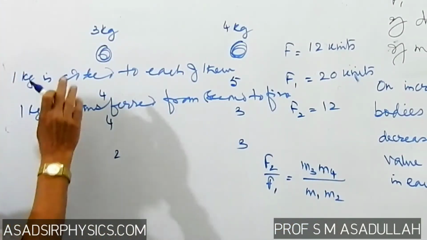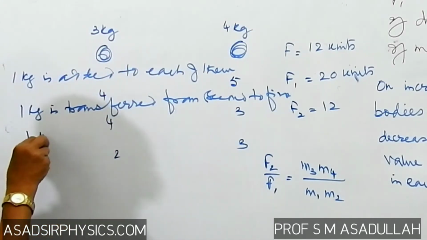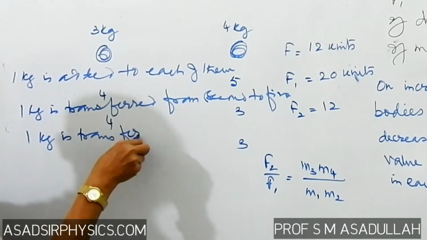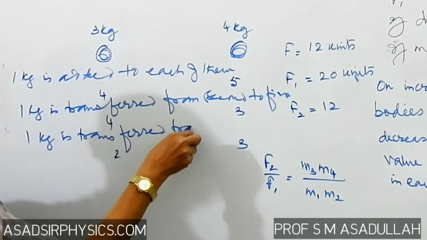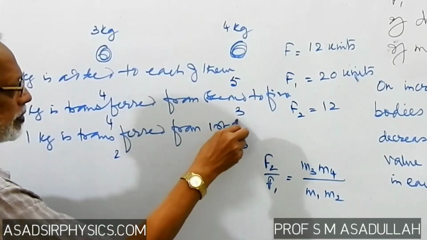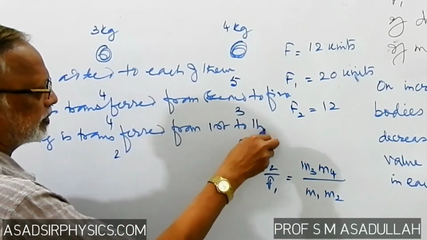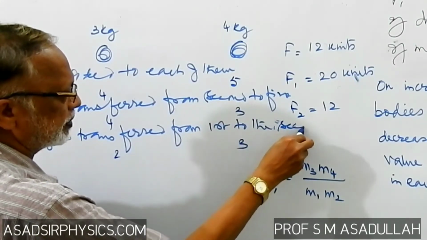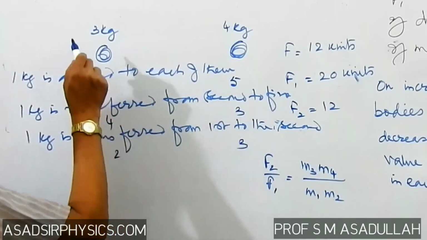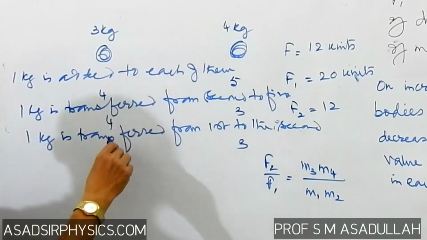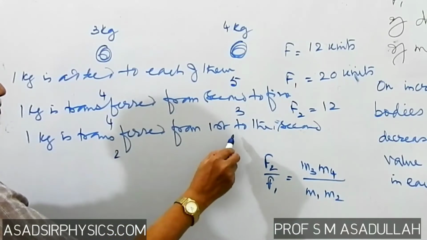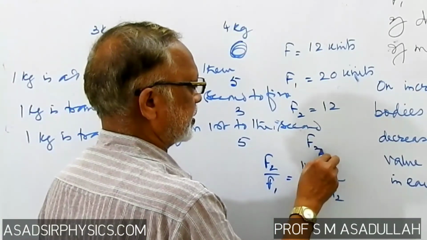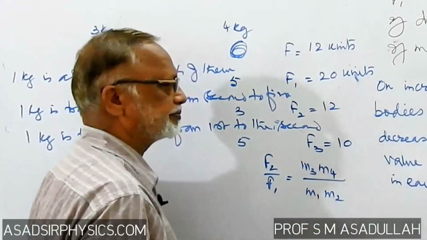Suppose 1 kg is transferred from the first body to the second body. Then this will become 2, this will become 5. F3 is equal to 2 5s are 10 units.